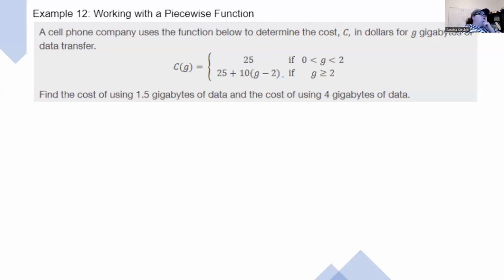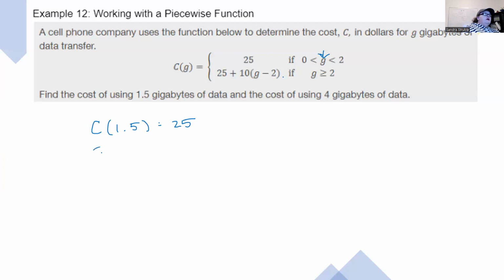All right. So it says find the cost of using 1.5 gigabytes. So 1.5 is right in here between my 0 and 2. So the cost of using 1.5 gigabytes is $25. All right, that was easy enough. The second one, they're using 4 gigabytes, so we're going to have to go to the second formula for that one.